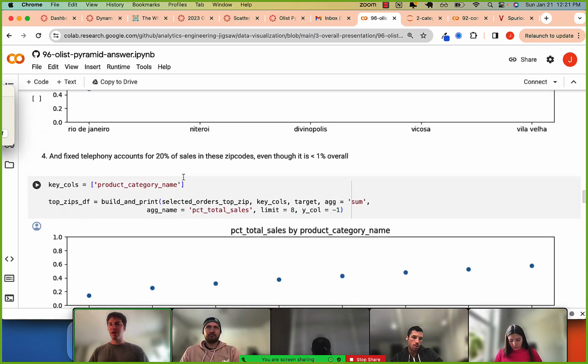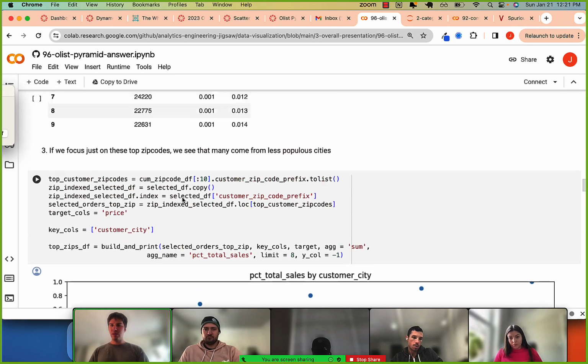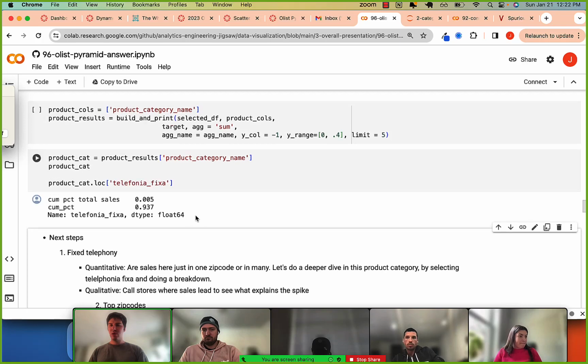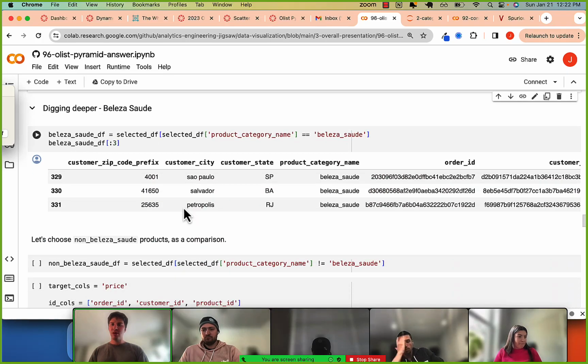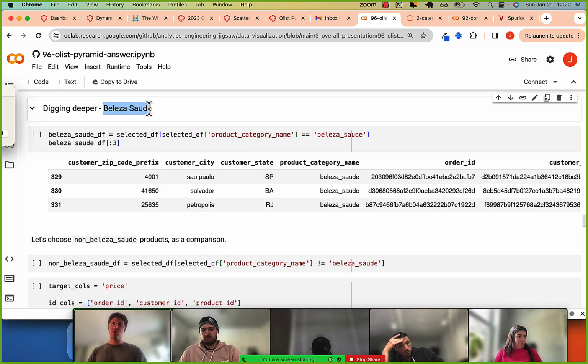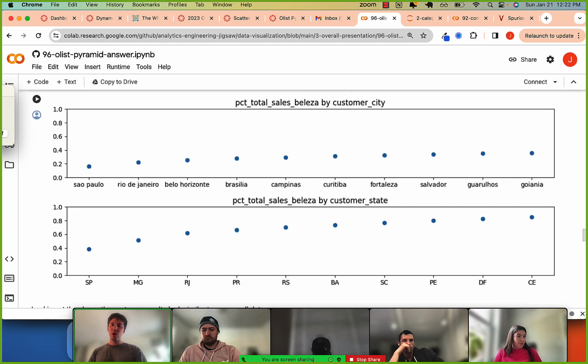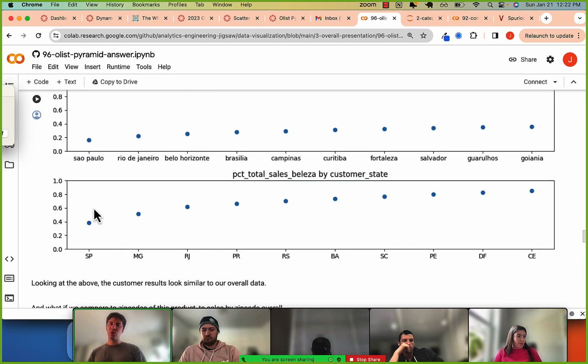So one deeper dive, the main one I think, is in the zip codes, and then we did a breakdown of what products are being sold. And here's another deeper dive in terms of the product itself, and then where and when it is being sold. Again, you want to look for differences in the data, whether this product is being sold as opposed to overall products.